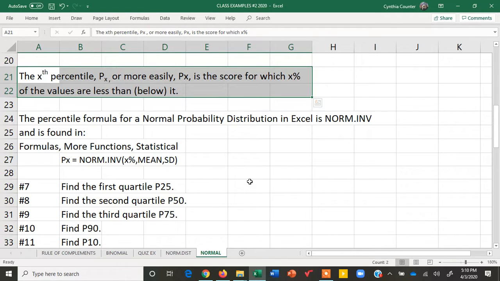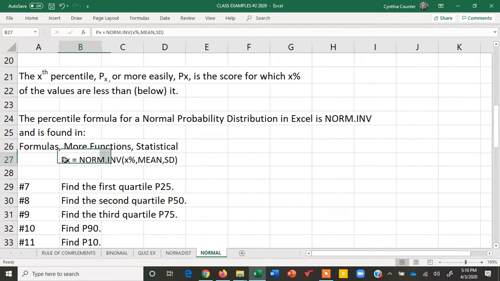Percentiles do involve probabilities, as we'll see in a moment, because to find Px, we're going to use the NORM.INV command, where x% of the data here is referred to as the probability in the NORM.INV function. We also need to tell it the mean and standard deviation for the distribution we want to find this percentile for. The first problem here says find the first quartile P25.